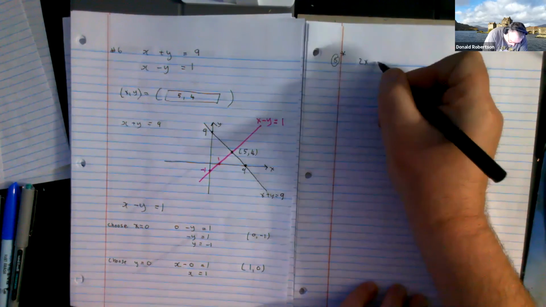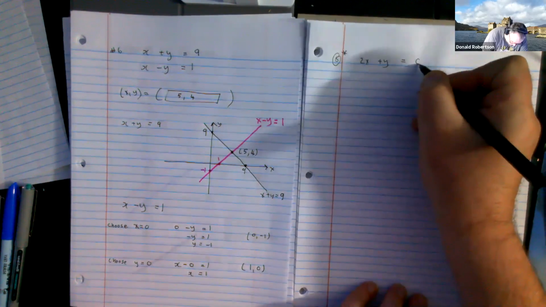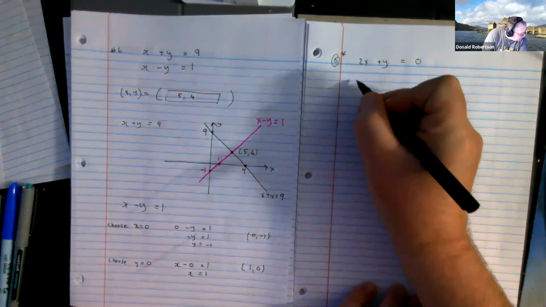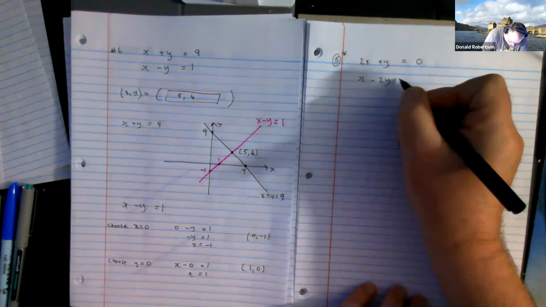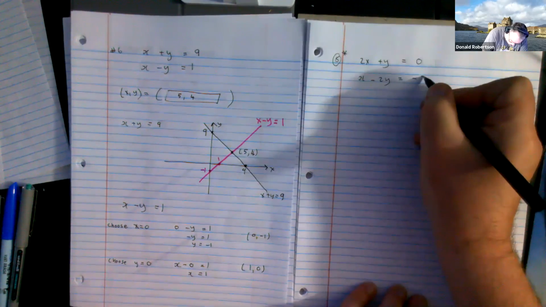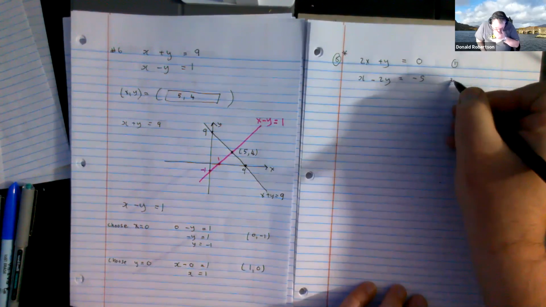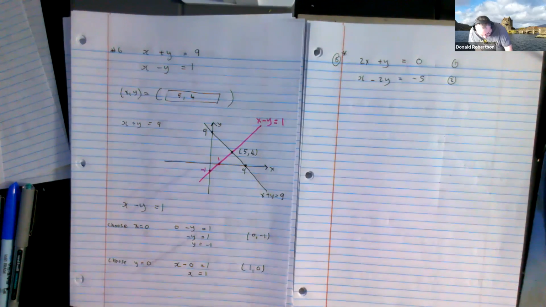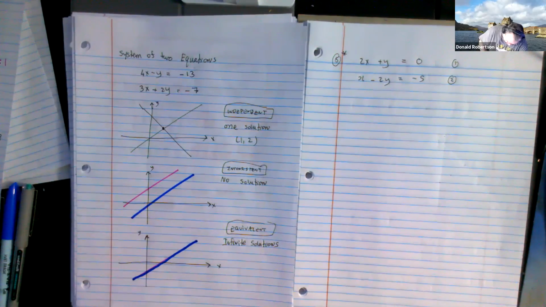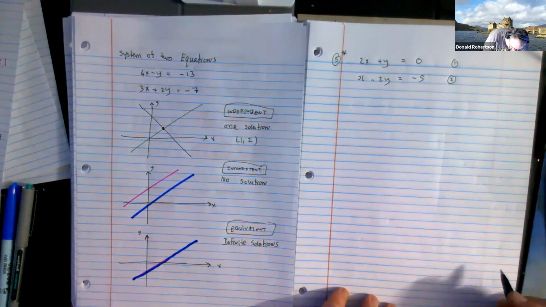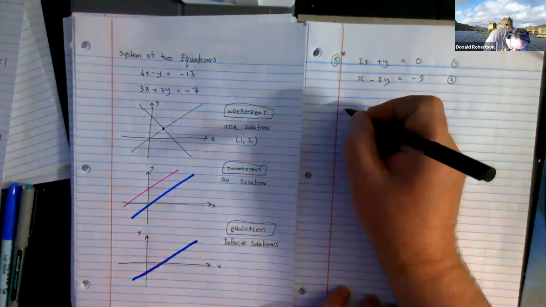It's 2x plus y equals 0, and x take away 2y equals -5. I'll call it equation 1. I'll call this equation 2. Basically, I'm going to draw both of these and find out which one of these situations we're going to get.